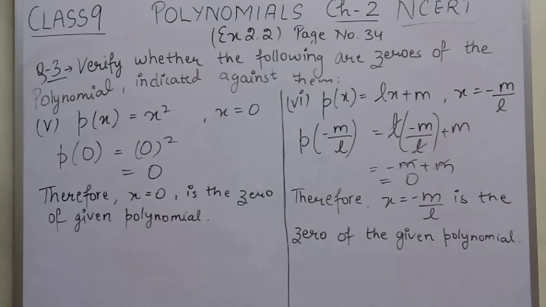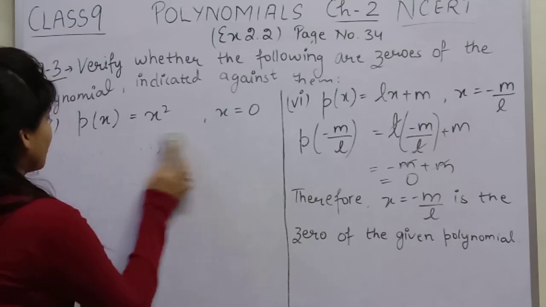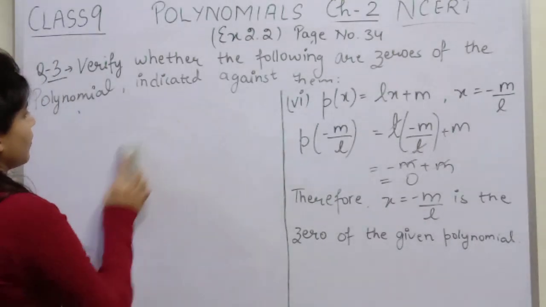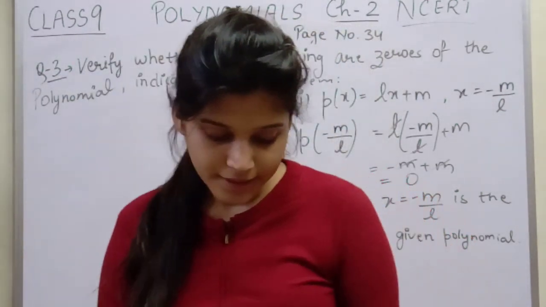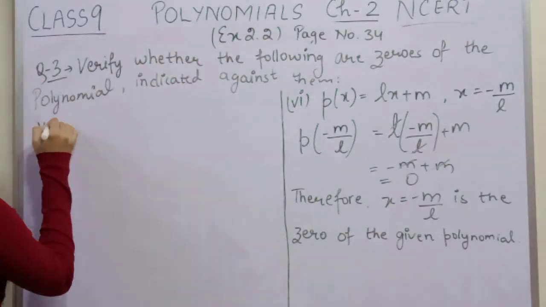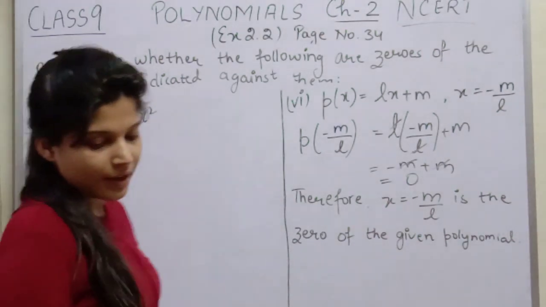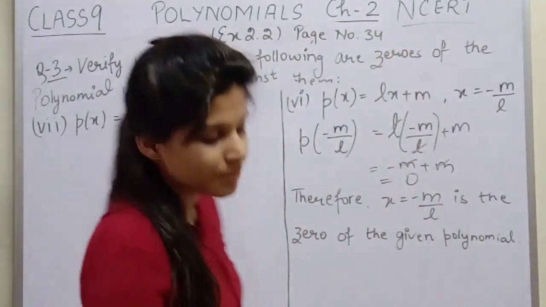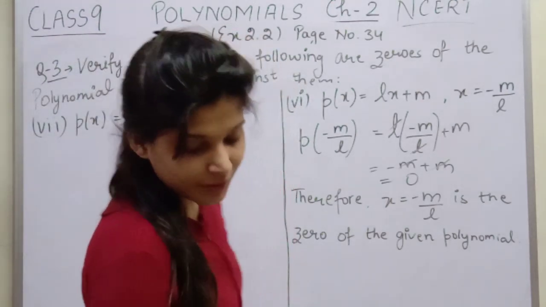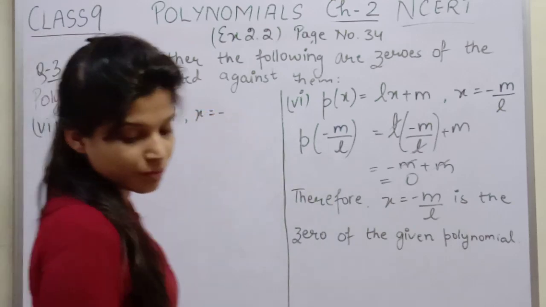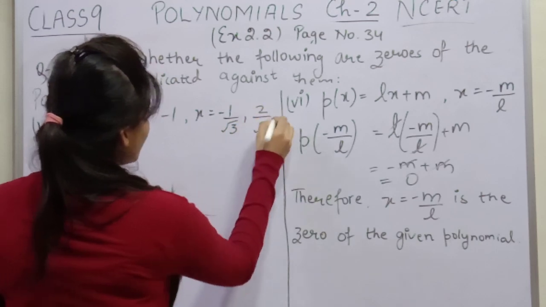So now let's start with part number 7. Part number 7 says p(x) equals 3x square minus 1, where x is equal to minus 1 upon root 3 and 2 upon root 3.